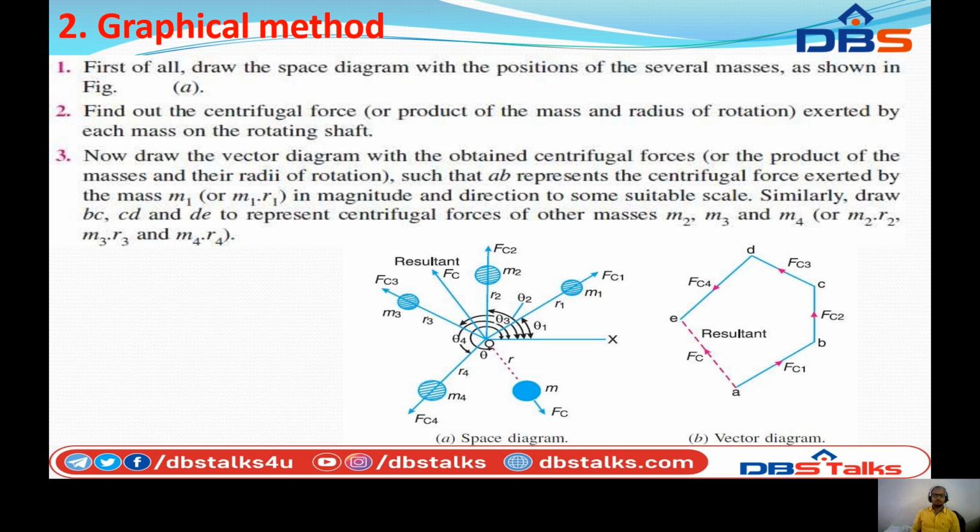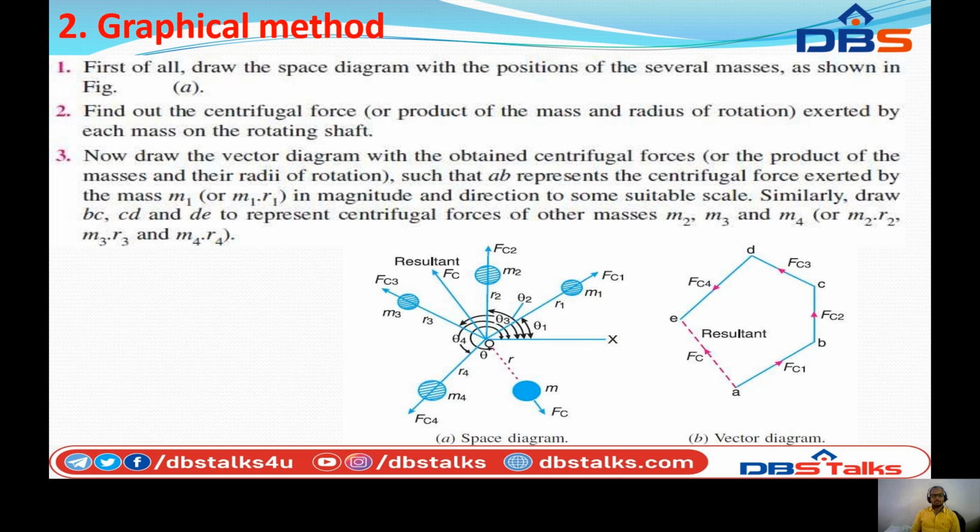Similarly, draw the centrifugal forces exerted by the remaining masses, that is m2, m3, m4, with values m2 r2, m3 r3, and m4 r4, by lines BC, CD, and DE, with some suitable scale.